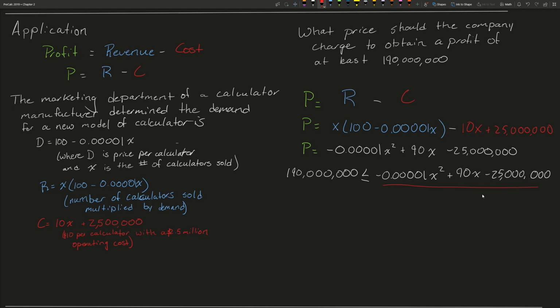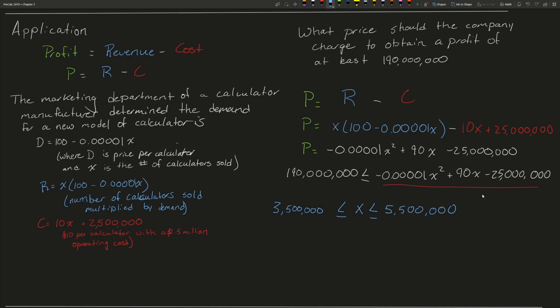I'm not going to solve this on screen, but what you would get is x is between 3.5 million and 5.5 million. Now, this is just the number of calculators sold.